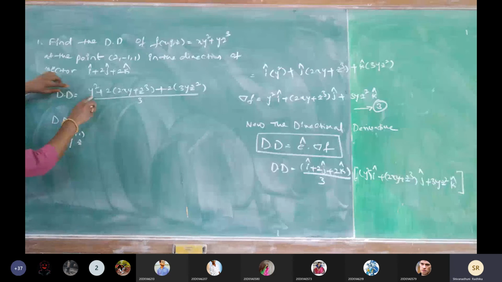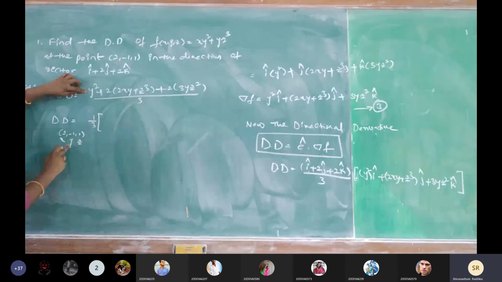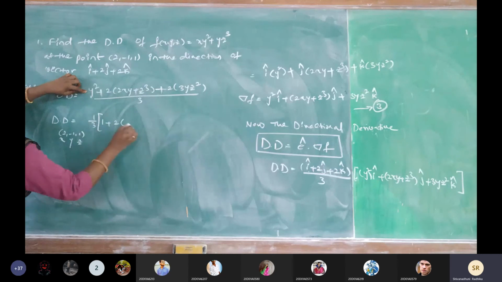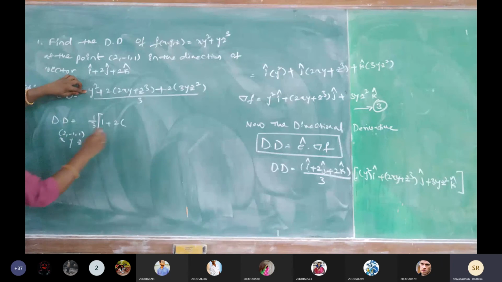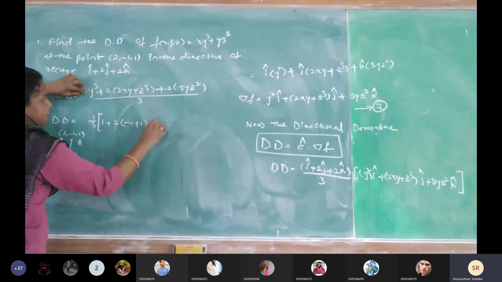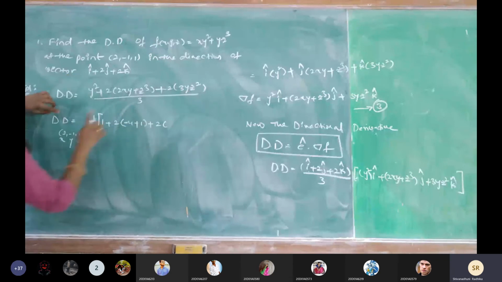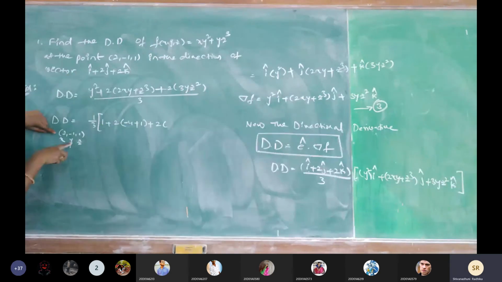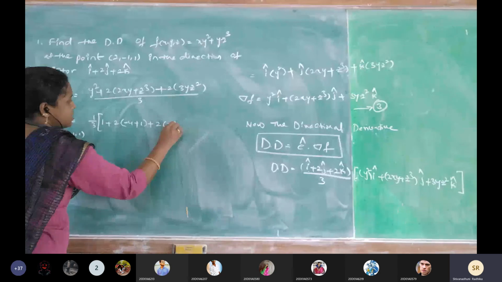So 1 by 3 is a constant, taken outside here. y² is (−1)², that is 1, plus 2 into 2xy: 2 into 2, 4 into −1, that is −4, plus z³ is 1, plus 2 into 3yz²: 3 into −1 is −3, into 1 again −3.